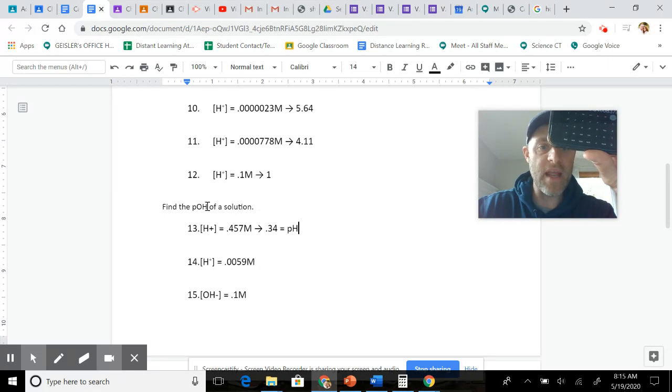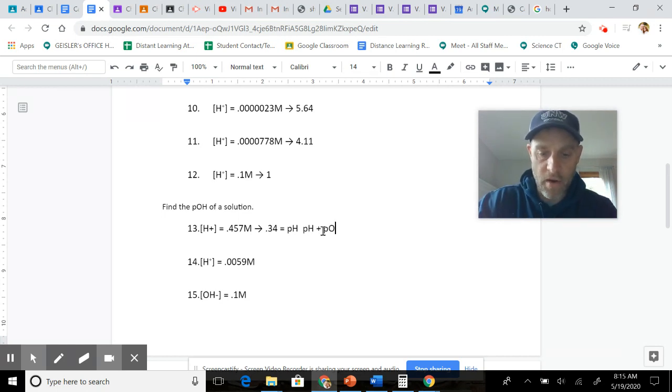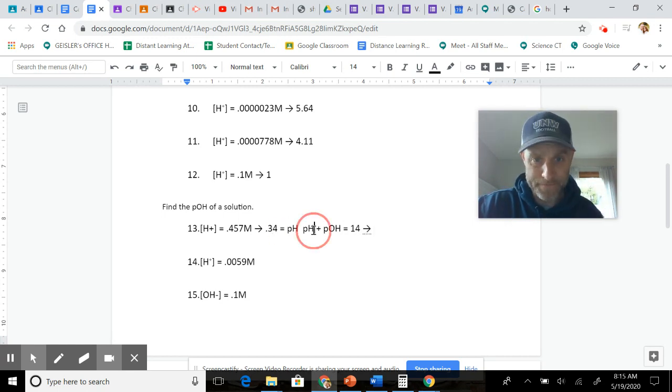Now, it doesn't ask for pH, it asks for pOH. So remember, I have to use pH plus pOH equals 14. So I plug in 0.34 there, or in other words, 14 minus 0.34 equals what?